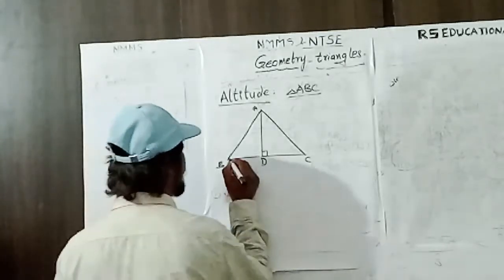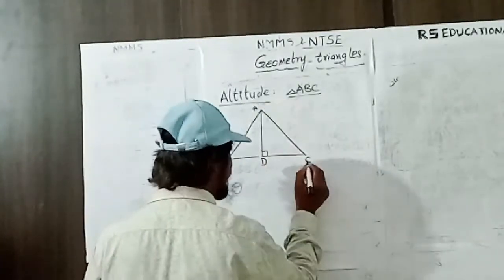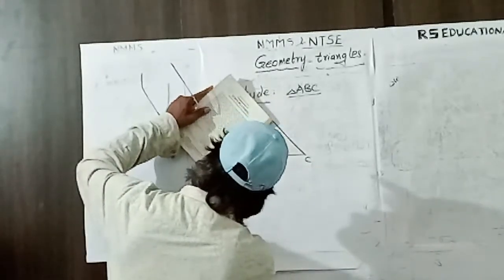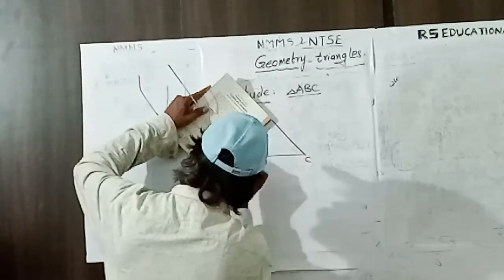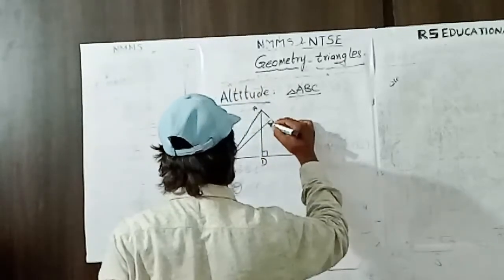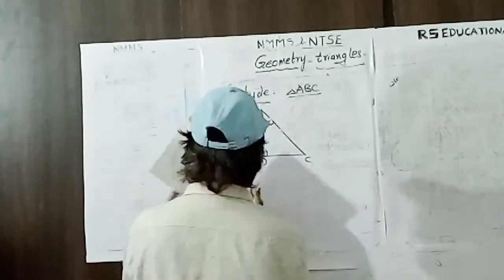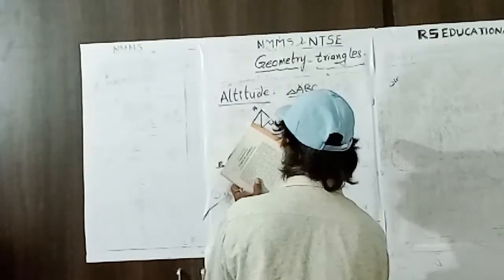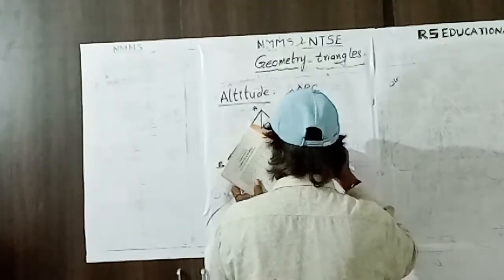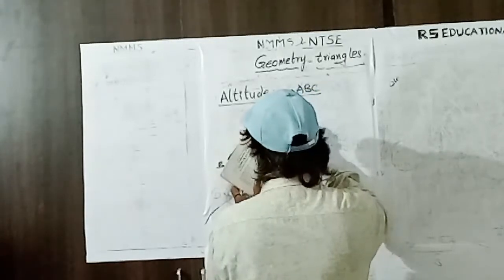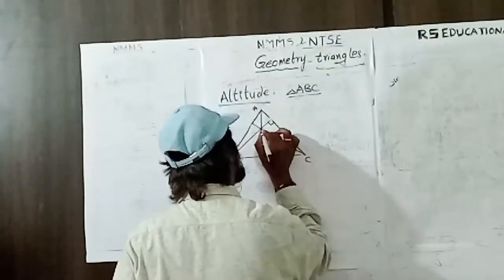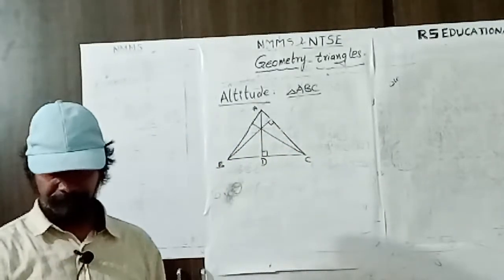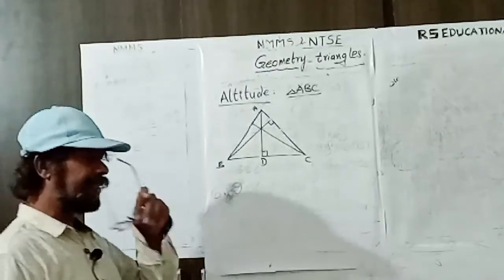Now you draw a perpendicular to AC from the vertex B like this, and now draw a perpendicular from C to AB again. So these three lines are intersecting at a point.